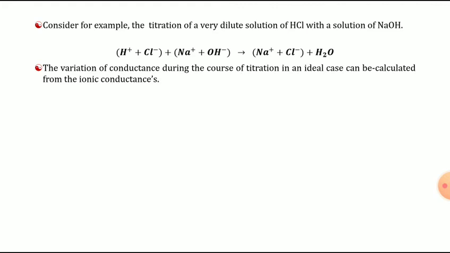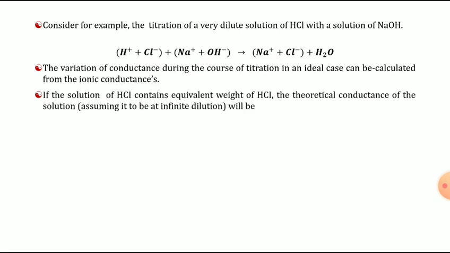The variation of conductance during the course of titration in an ideal case can be calculated from the ionic conductance. First of all, we must know that each of these ions has a particular conductance.